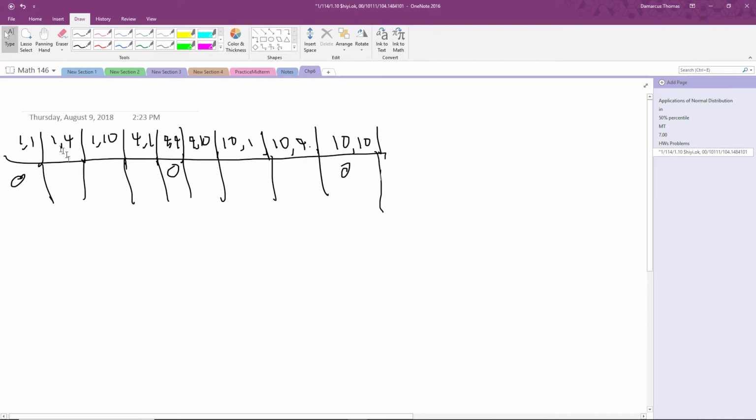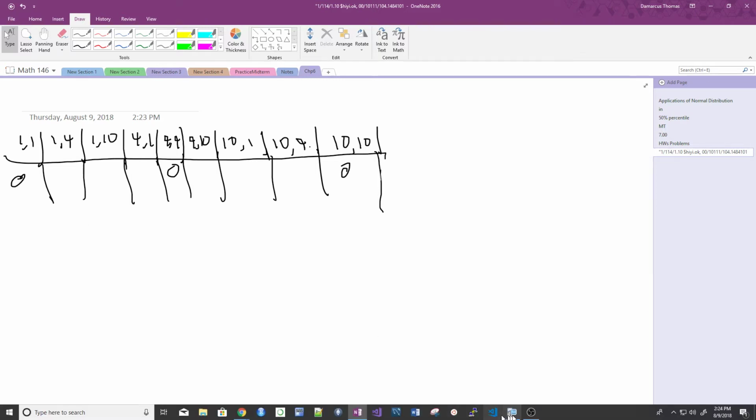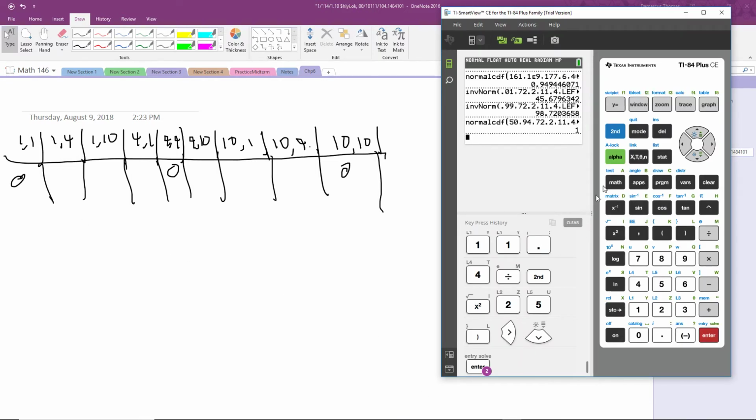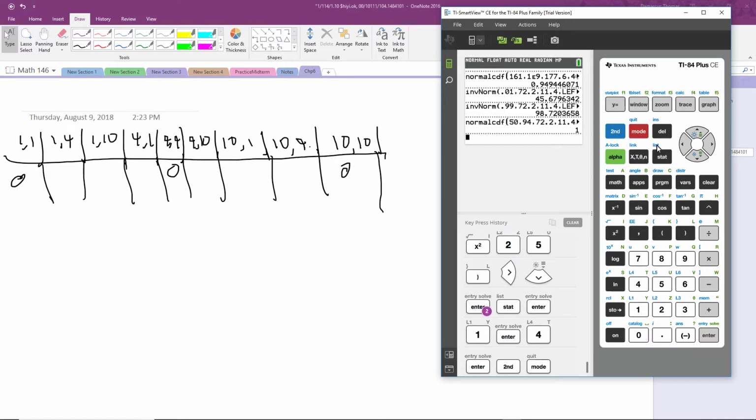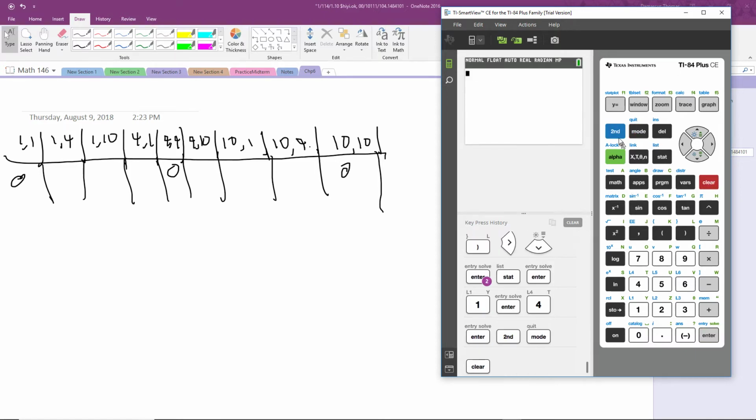Now to get the variance of these, there's quite a lot of different ways to do it, but I think the best way is to just enter it into your calculator. So just do 1 and then 4, and then you just do second quit, and let's make sure I entered it in properly. I did. So now I'm going to go into second stat, which is list.